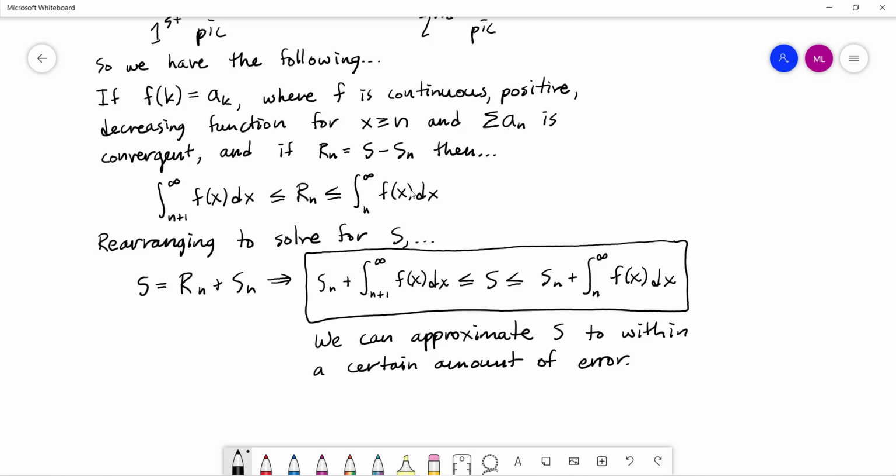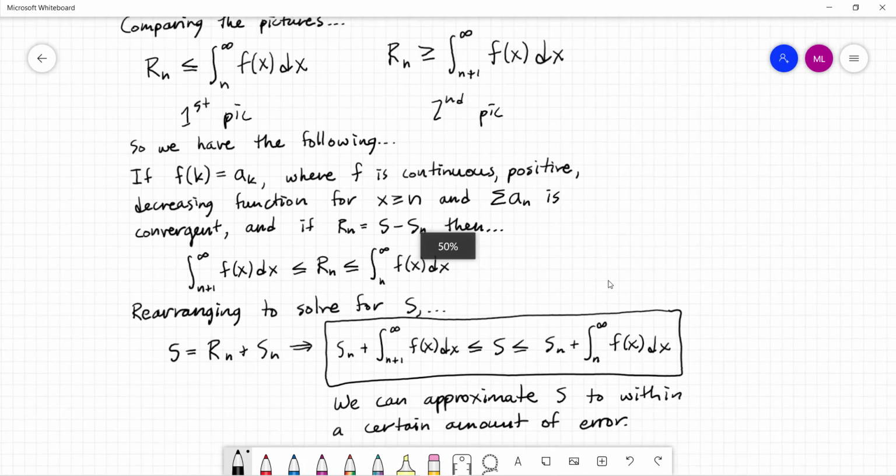But because we now have bounds on the remainder, I can figure out overall bounds for S. It's got to be greater than S sub n plus this amount, and less than S sub n plus this amount. We have bounds on exactly how big or small S can actually be.